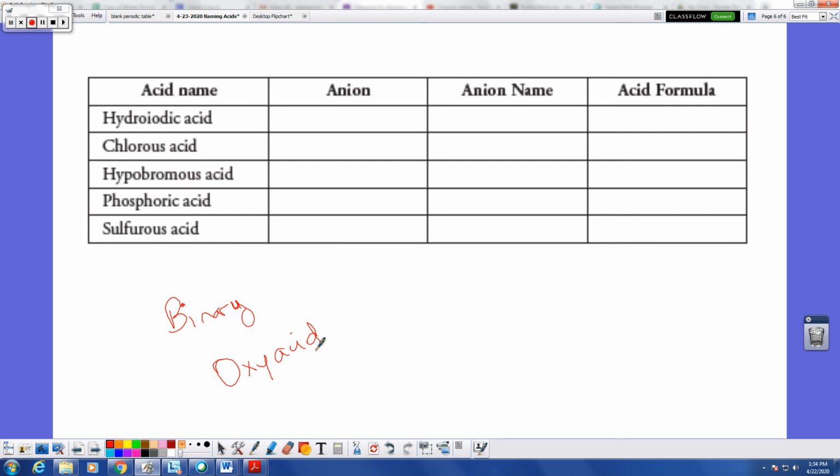Now what I would do first is identify, are they binary or oxy? Binary are going to have what to recognize in their name? We're going to have hydro. So this one is binary, and the rest are all oxy. So if you needed that to be able to try them, pause me, try them now.